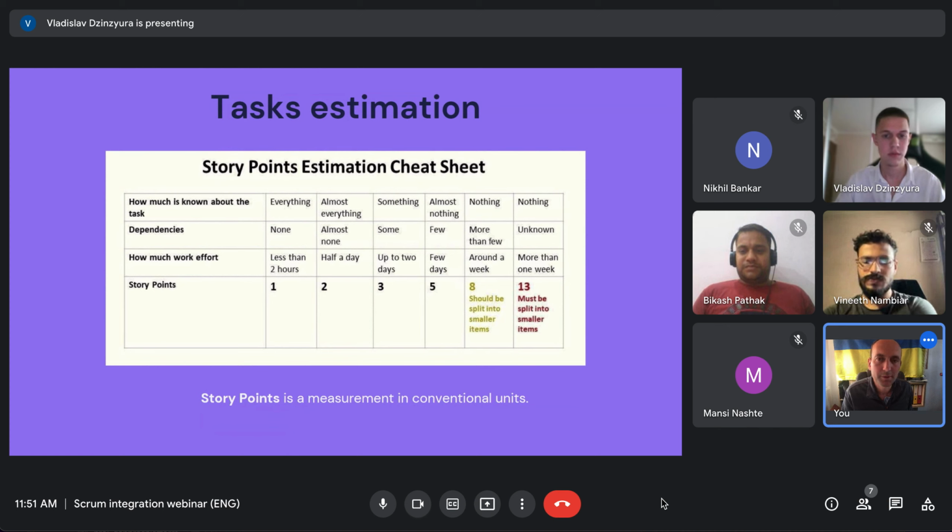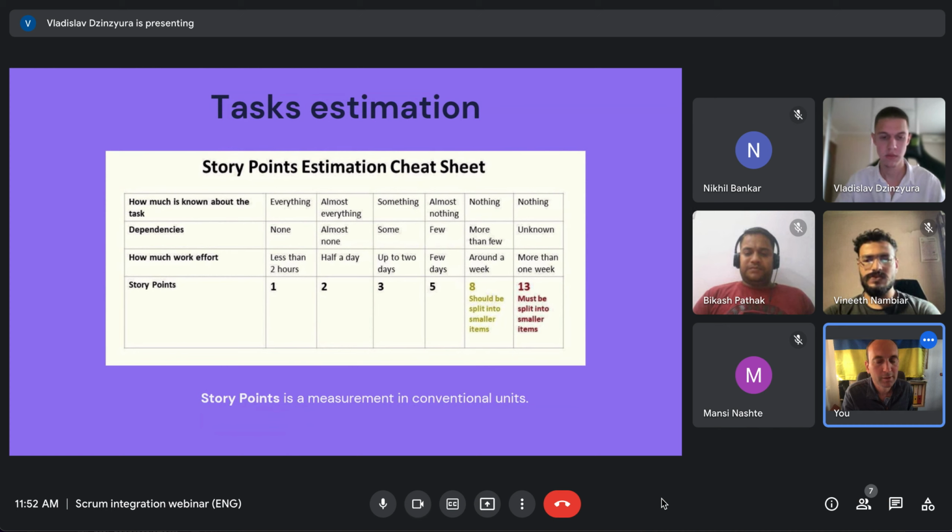Different people and different teams estimate things in different ways, and it is important mainly to be able to weigh, balance and prioritize tasks between each other.